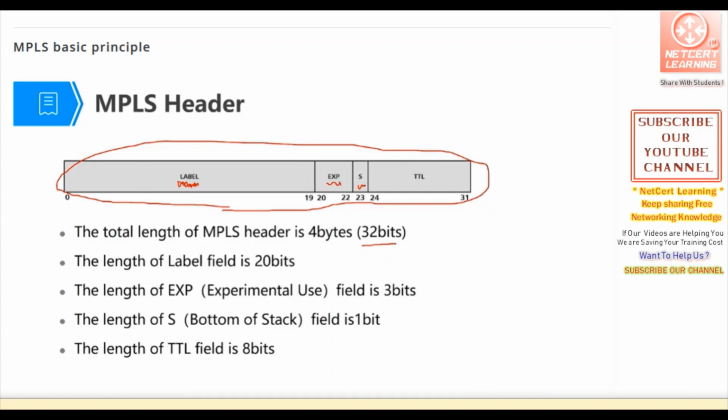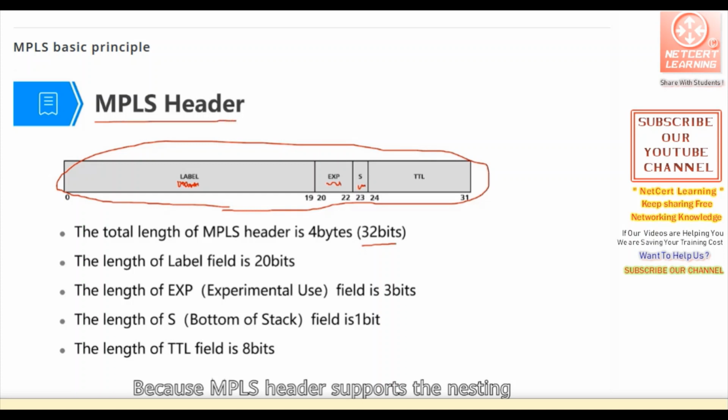Bottom of the stack, because the MPLS header supports nesting. Nesting means we can have multiple MPLS headers, multiple labels. So how can we know whether this header is the bottom of the stack? We check the S bit. If S is 1, this is the bottom of the stack, the last MPLS header.